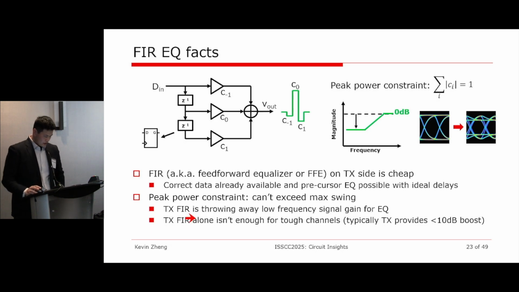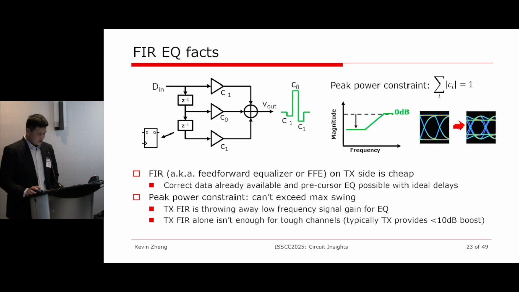Now, this is illustrated by this kind of eye diagram over here, right? What the FIR is doing, it's not increasing the amplitude on the edges. It's actually reducing the inner eye diagram, right? So that the maximum swing stays the same. The high frequency action happens around this part.